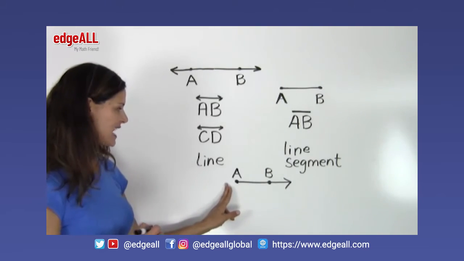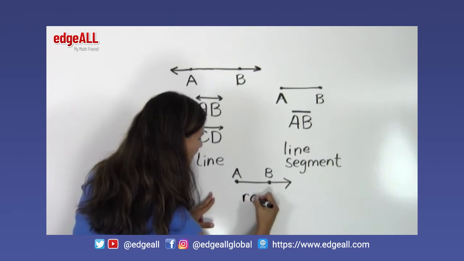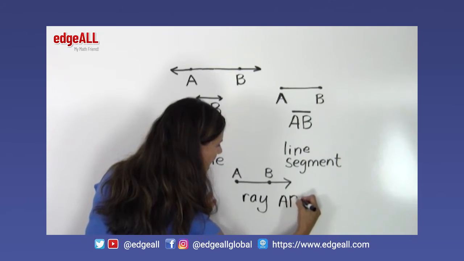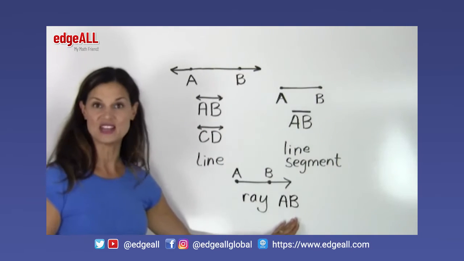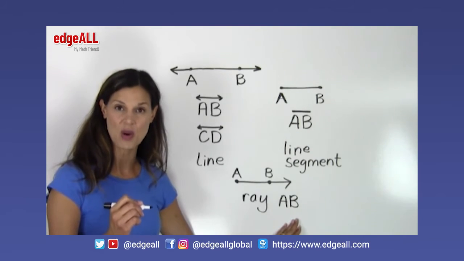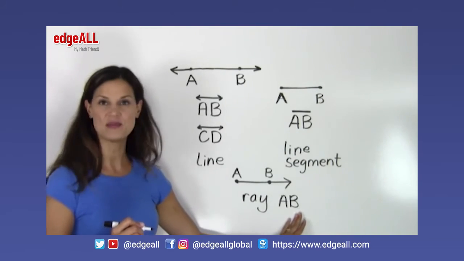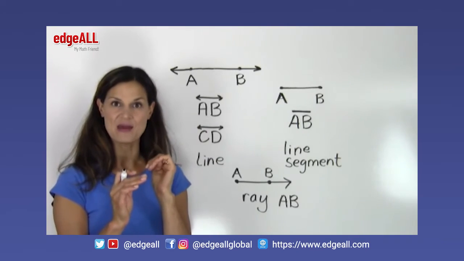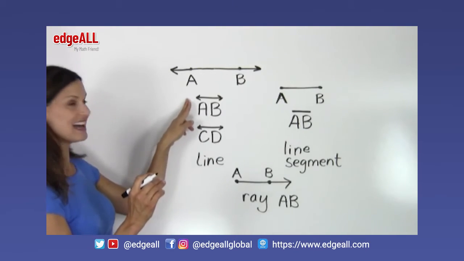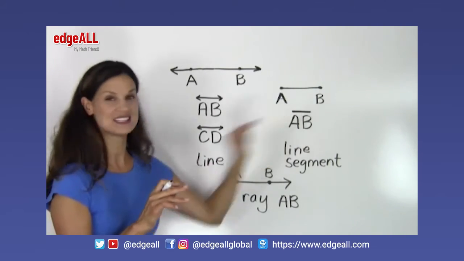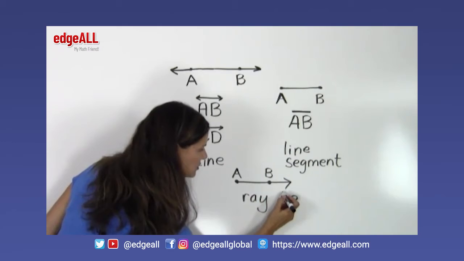Now to write the name of this, this is a ray, and to write this as the name, again, I do an A and a B, just like we have in the other ones. I put the two names of my points, point A and point B, real close together, but then above the AB, instead of drawing a line with arrows in both directions, instead of drawing just a bar, I'm going to draw a ray.